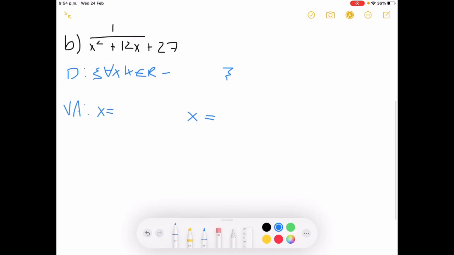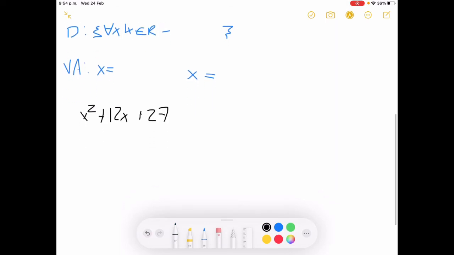So we're going to take x squared plus 12x plus 27, and we're going to find numbers that can make up this expression. Those will be x, parentheses, x, and the numbers that help us will be plus 9 and plus 3.